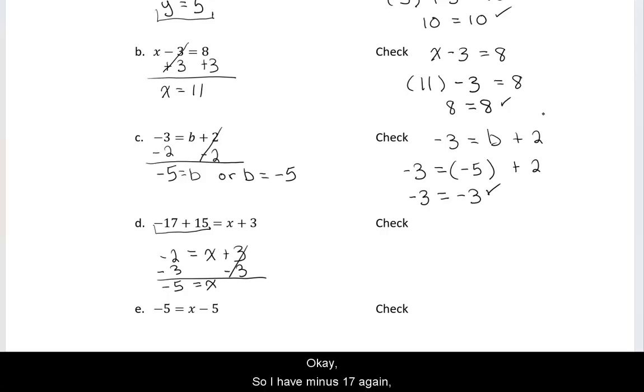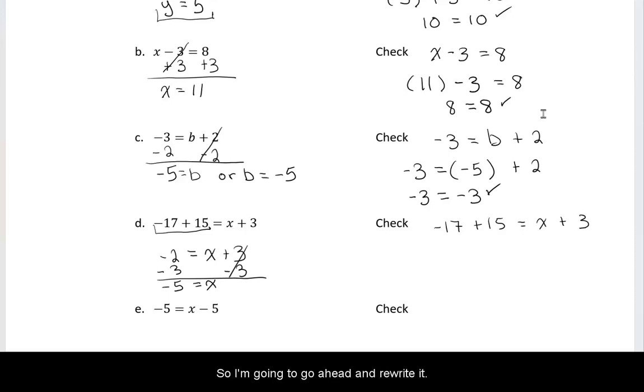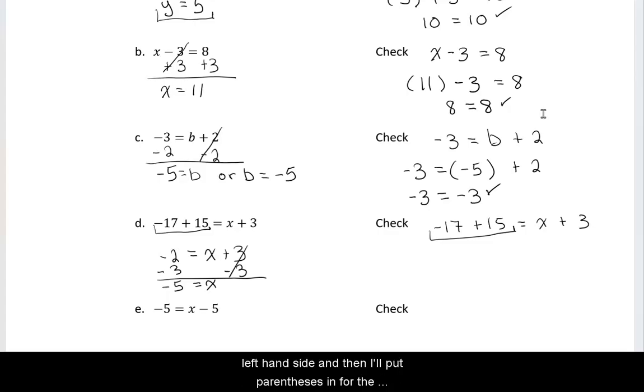Okay, so I have -17. Again, I'm just rewriting this. And then x plus 3. So I'm going to go ahead and rewrite it. But because there's something I can actually do at this point, I'm going to, in my rewrite, combine the left-hand side, and then I'll put parentheses in for the variable, and then substitute.